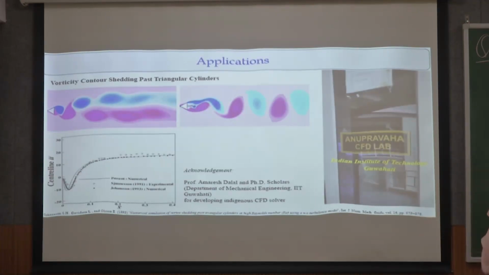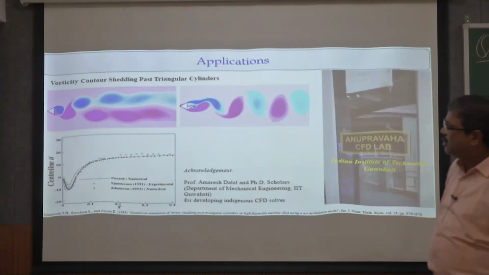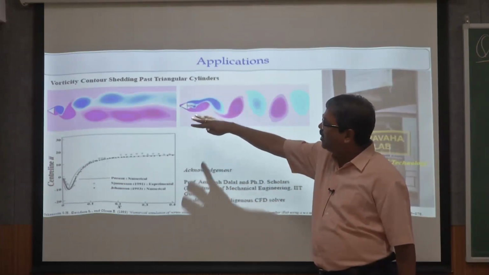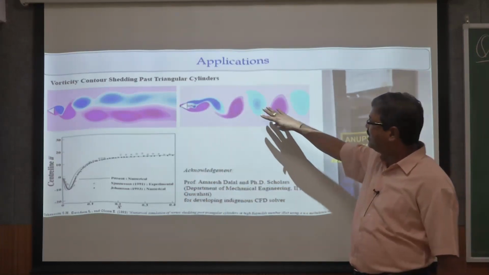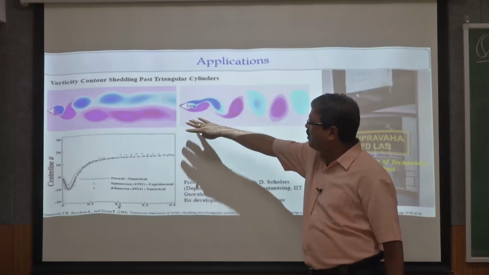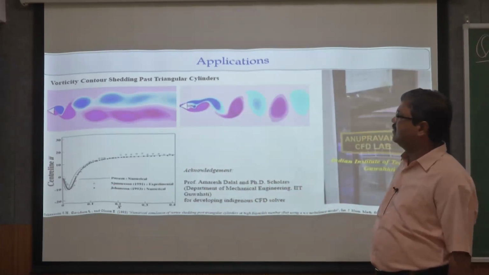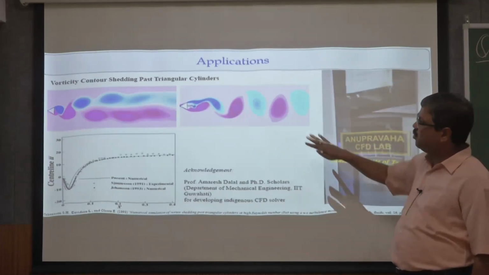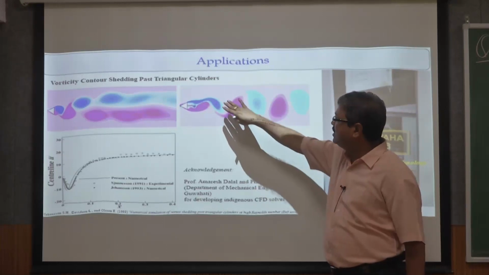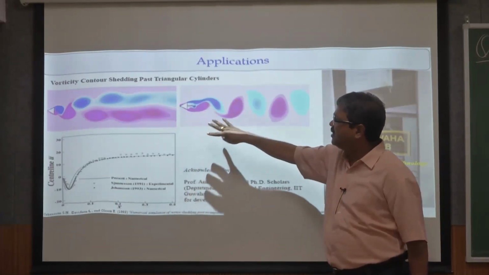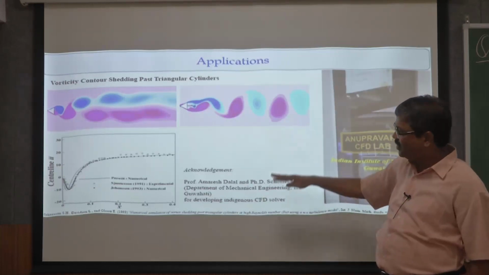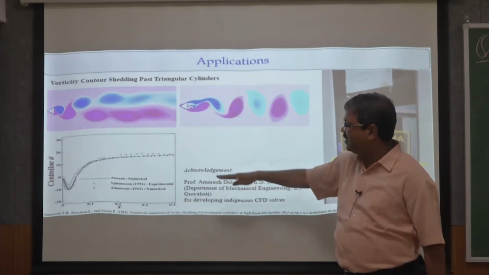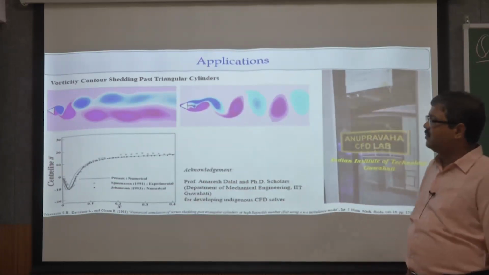This is the example we showed earlier: if you have a triangular structure, how the vortex shedding happens. It is quite interesting to see these unsteady patterns of vortex shedding. This data is obtained from CFD solutions. From CFD solutions we can get these very interesting vortex patterns, and it shows how the average velocity line changes, in comparison with the experimental data.